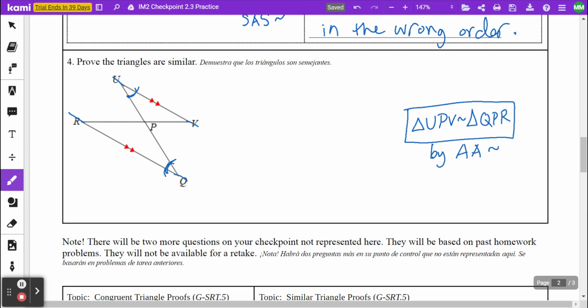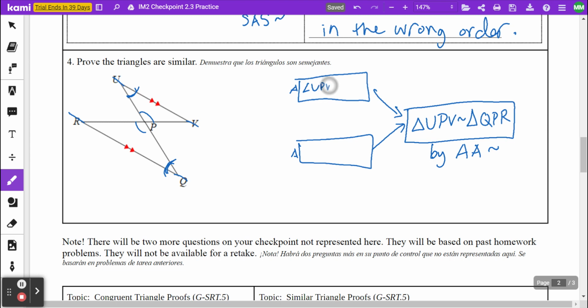Since I'm using angle similarity, my evidence column has to have two pieces, one piece for each angle. I know that angle UPV is congruent. Remember to keep these symbols clear. This one means congruent. This one means similar. Okay. Angle UPV is congruent to angle RPQ.